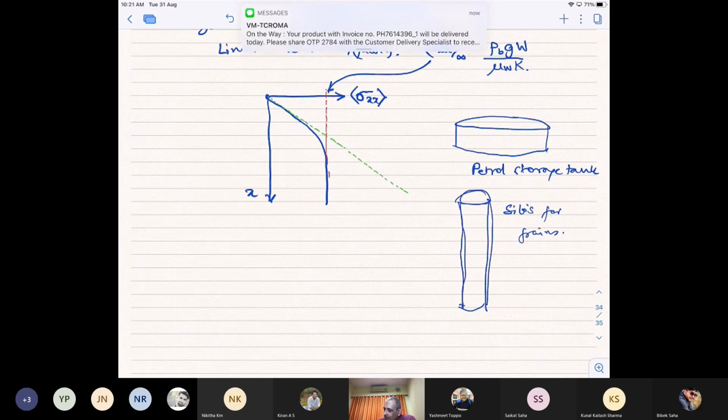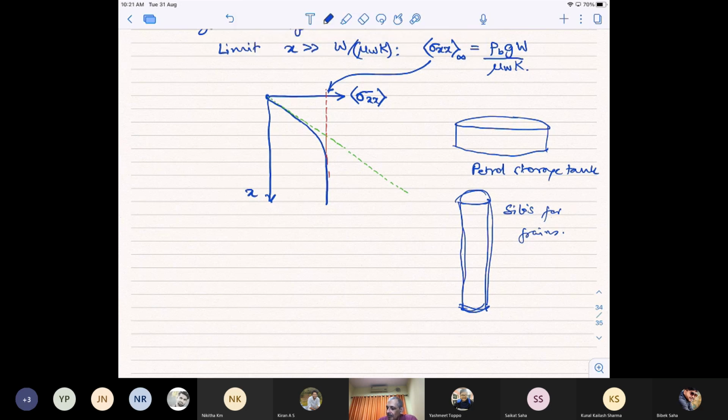Has anyone ever seen these type of containers for storing grain? Yes, sir. Then you have seen it? Yes, sir. Let me see. I may have a picture.